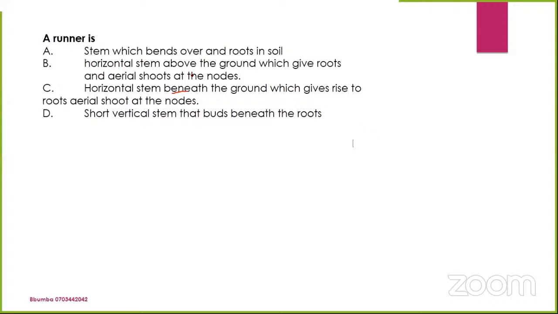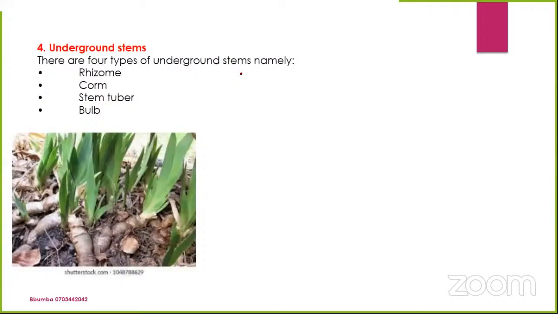B says horizontal stem above the ground, which gives roots and aerial shoots at the node. Lona says B, Mirembe says C, horizontal stem beneath. Jeffrey says B. Yes, I think we go with B. B is correct.